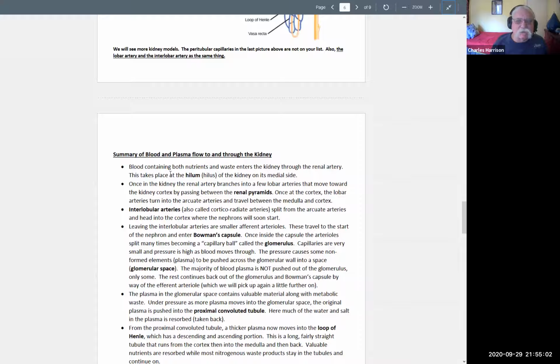Okay, there's a summary of the blood flow to and through the kidney. This is text I wrote, but of course I don't even remember what I write, so it's best for me to read it and then find any part that needs explaining.